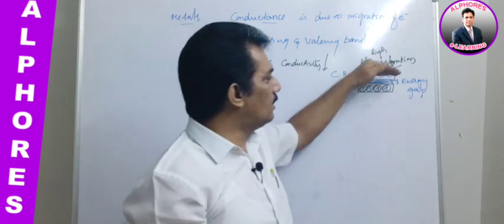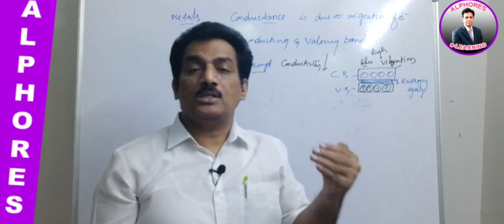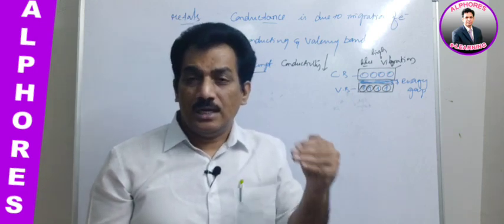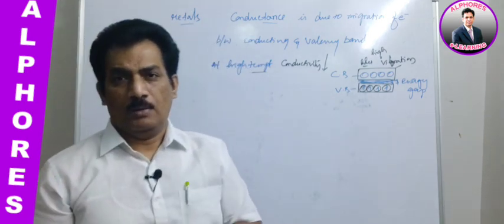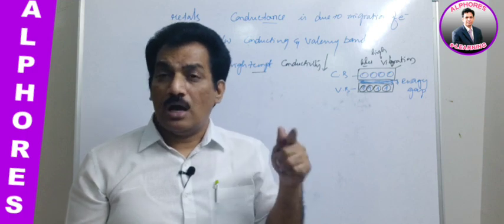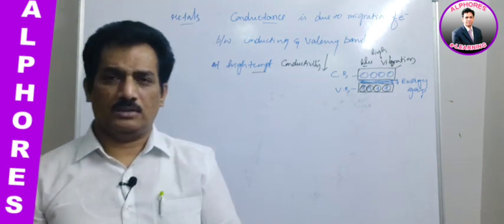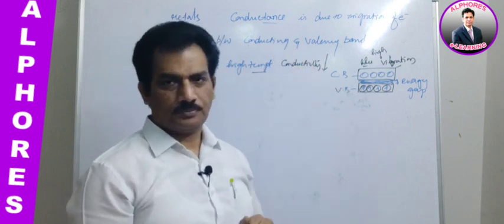That means by higher vibrations, these lattice points create some sort of resistance to the free flow of electrons. That's why the conductance slightly decreases.